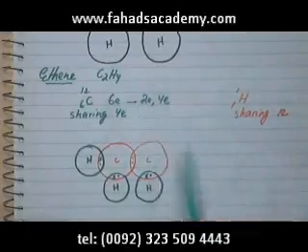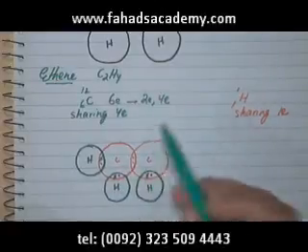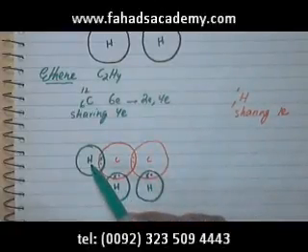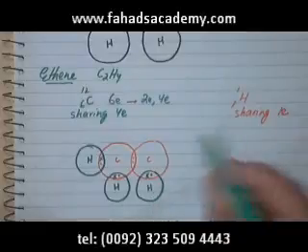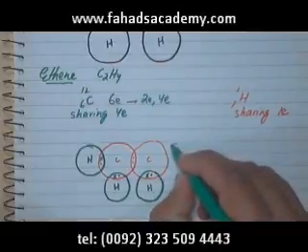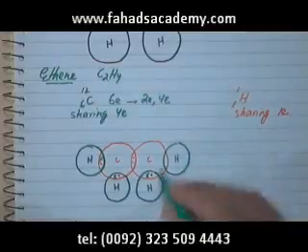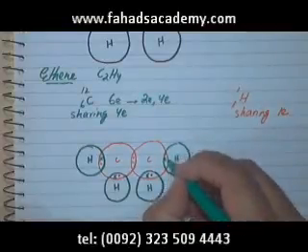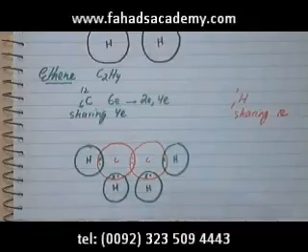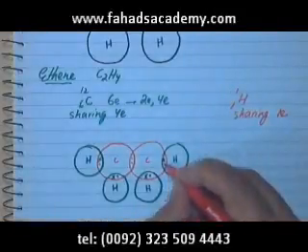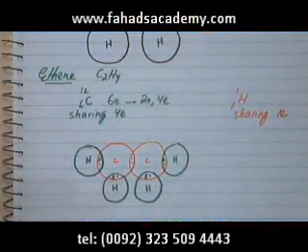We had 2 carbon atoms, these are our 2 carbon atoms, and we had 4 hydrogen atoms. And this is 1, this is 2, and this is the third one. So the fourth has to be put somewhere, and I'm putting it over here. So this fourth hydrogen is sharing an electron with carbon, and carbon is going to share an electron back with that hydrogen.